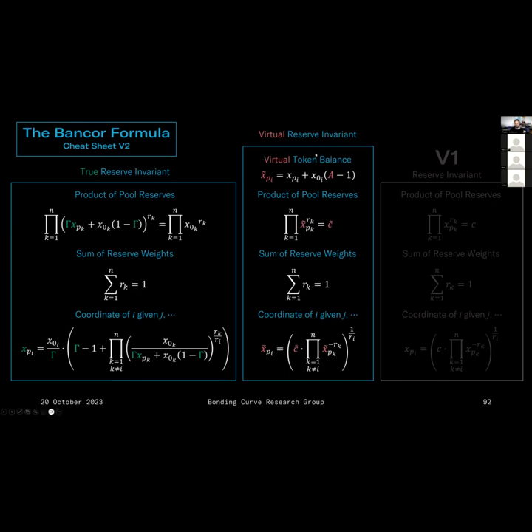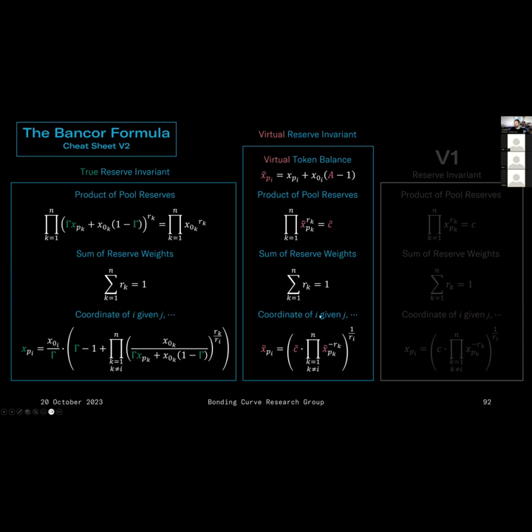The way it was conventionally explained was to just imagine a larger liquidity curve than was actually there, by multiplying essentially all of the reserve balances by a certain number in order to achieve a new amount of virtual liquidity.